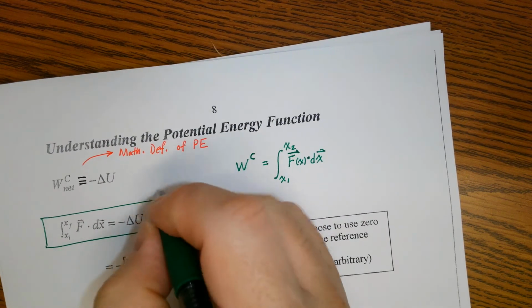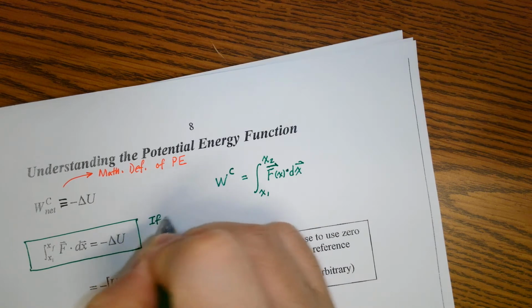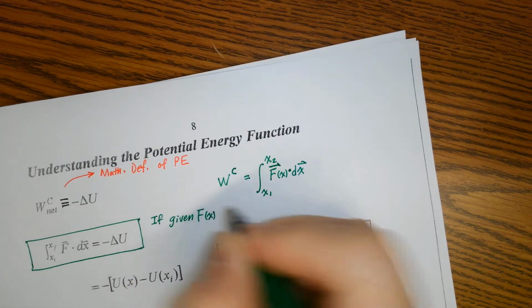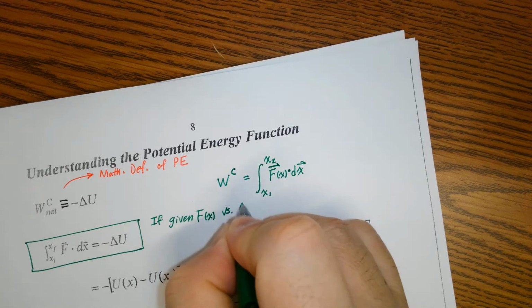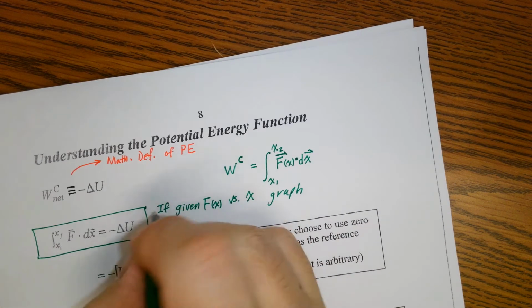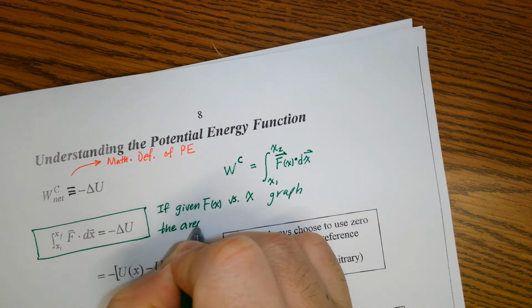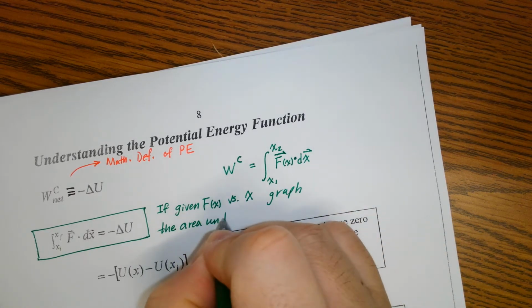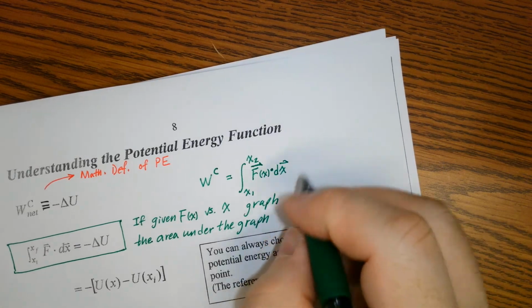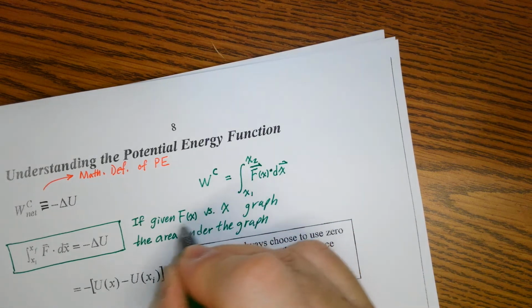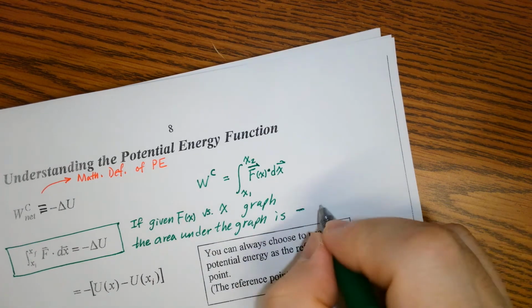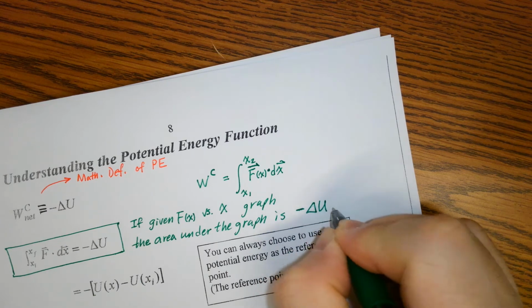So if given an F of x versus x graph, the area under the graph of force versus x is the negative change in potential energy.